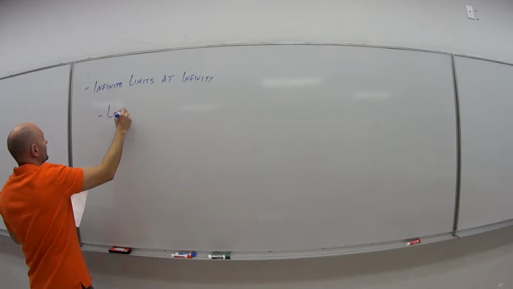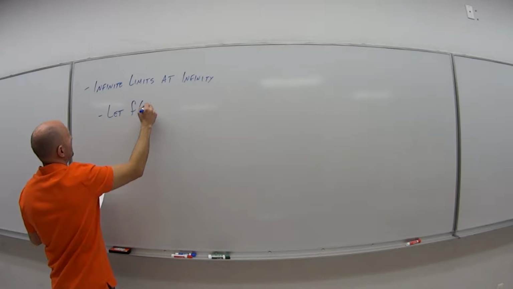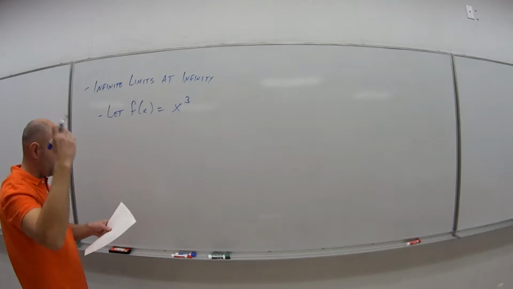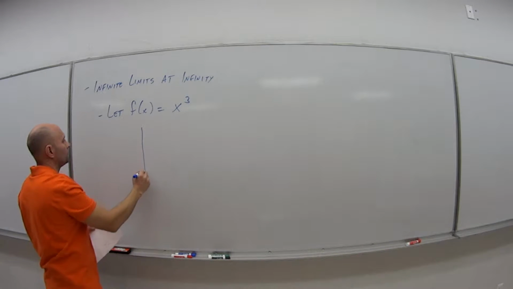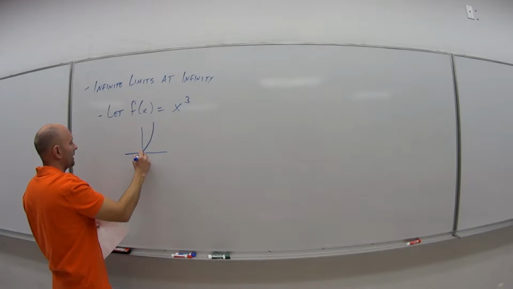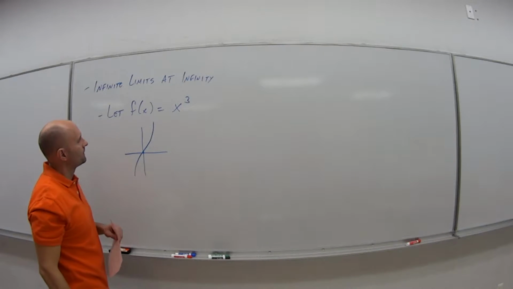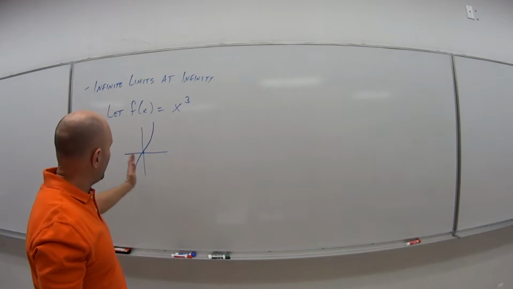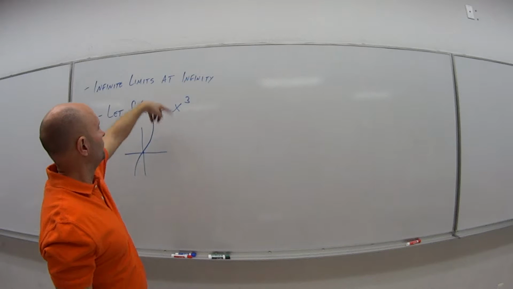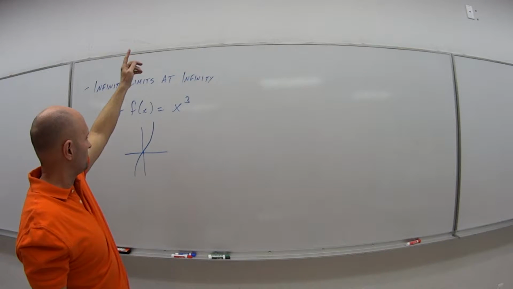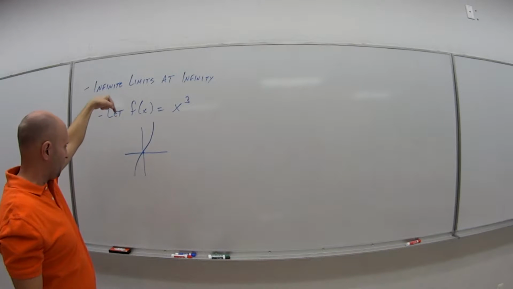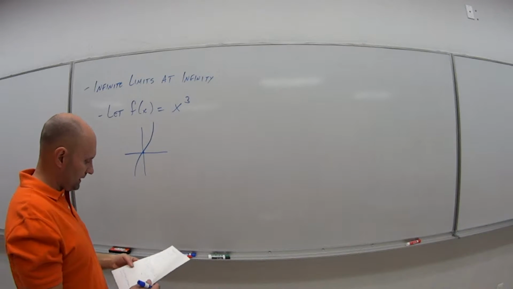So let's look at the function x to the third power. If I draw this, this is kind of this snake-looking graph, goes through the origin. As I go to positive infinity, where's my limit going to? Positive infinity. As I go to negative infinity, where's the graph going to? Negative infinity.